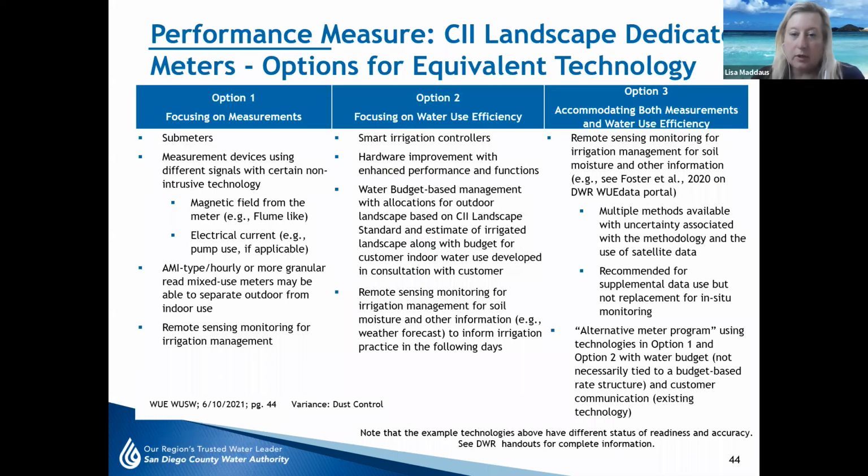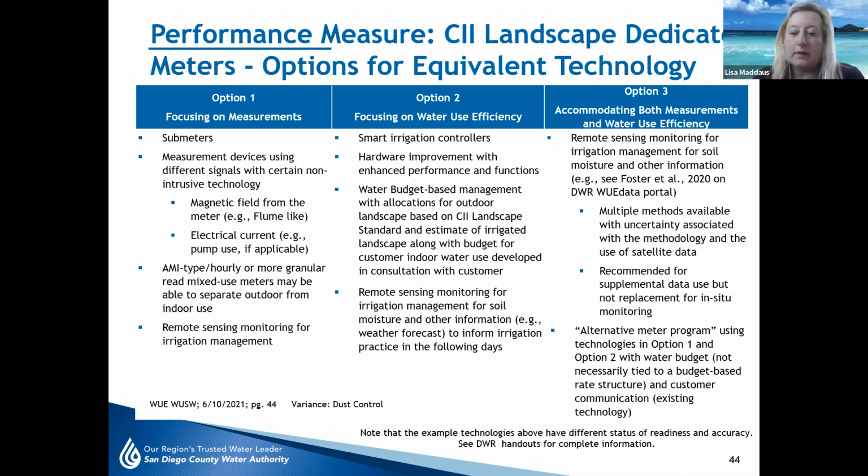The optional approach is to have, instead of installing a dedicated irrigation meter, an equivalent technology approach. So there could be measurements on site, such as submeters. Number two is focusing on water use efficiency parameters, like a smart controller and other improvements on site, or water budget based allocation for the outdoor, where you're really tracking that they're efficient on site, which could be equivalency.